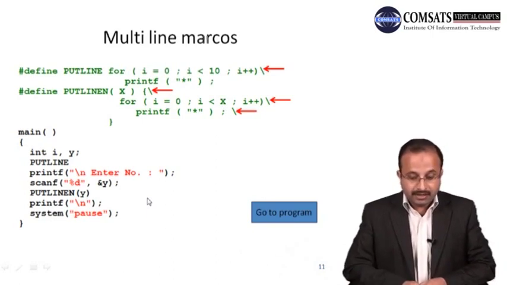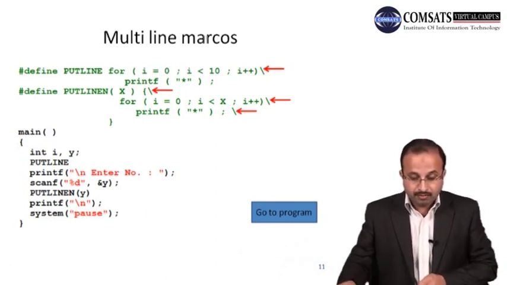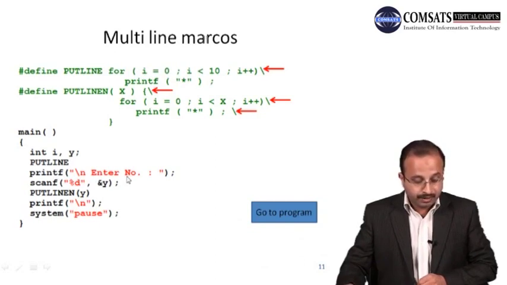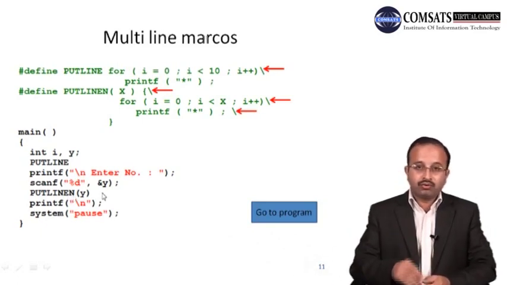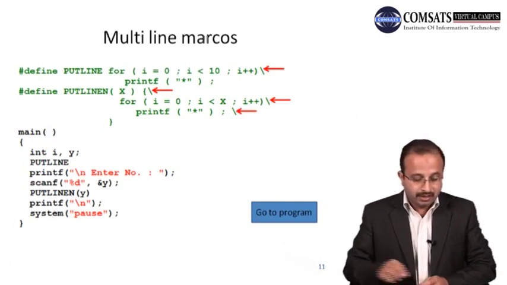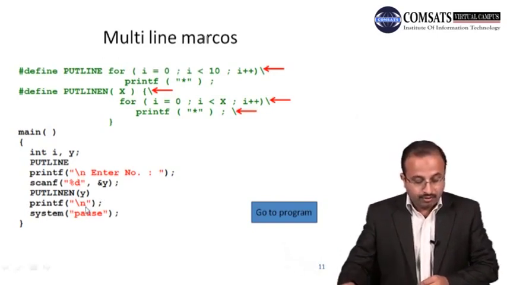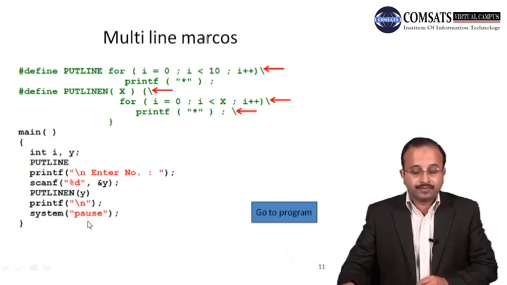First of all, it will print 10 stars, because this loop executes 10 times, and then it comes over here, and we have a printf statement, enter number. The user enters any number, and then in PUTLINEN we will display that many stars. Whatever number the user input, it will print that many stars in one line, and then print a new line and the program exits.